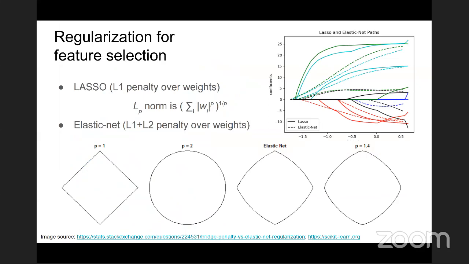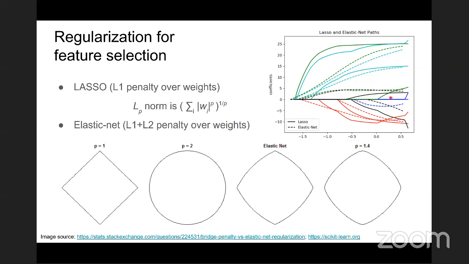What is shown here is that on the x-axis is log of 1 over lambda, or minus log lambda, and on the y-axis is the value of weight w. On the right hand side, with no penalty and no regularization, all coefficients are non-zero, all coefficients are in the model.